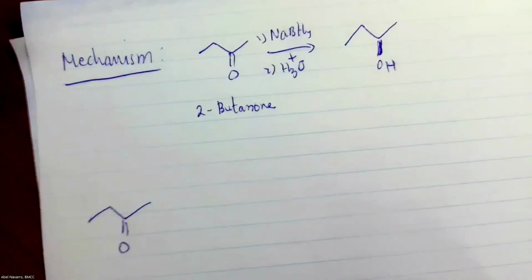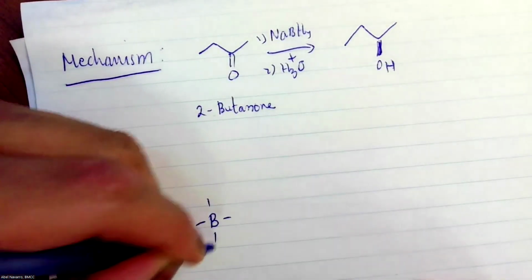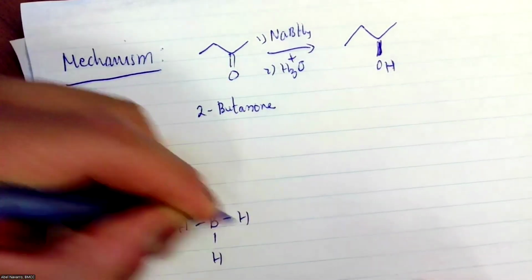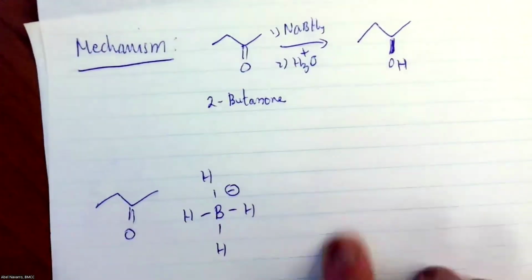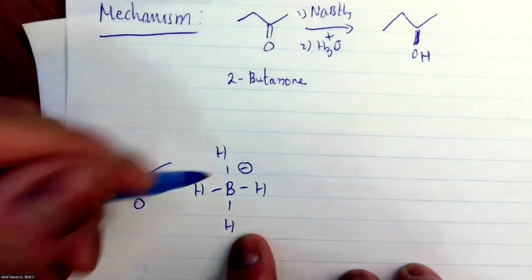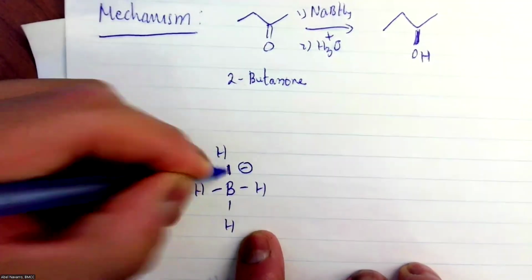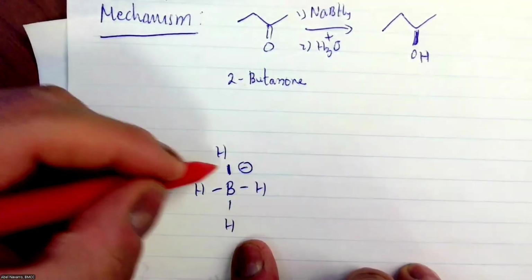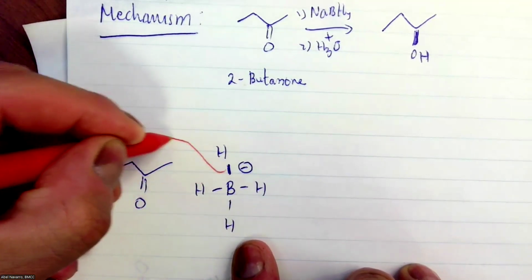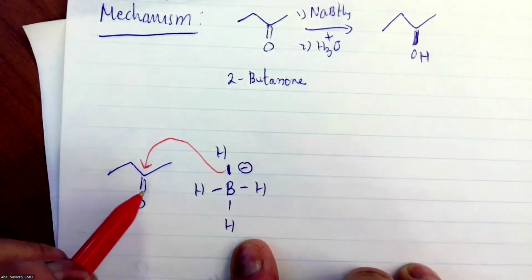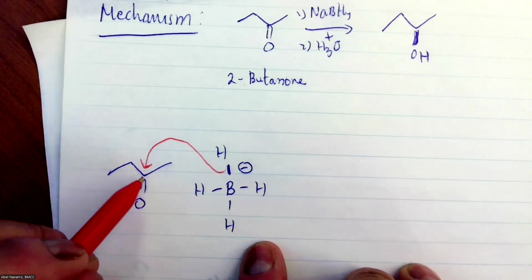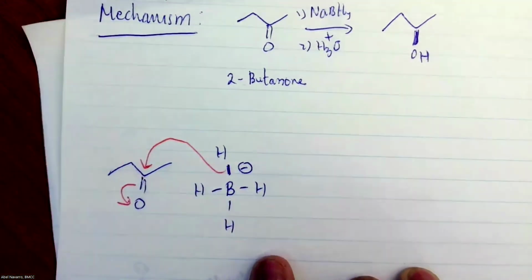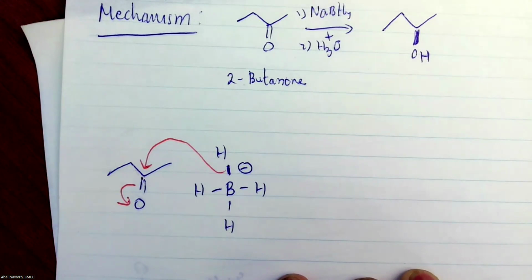Sodium borohydride, the Lewis structure of sodium borohydride is BH4 minus. Remember, the sodium is always a spectator ion. So the BH4 is the active species. The H will not migrate. It will attack the C double bond O. And since this carbon already has its octet, it will push the electrons towards the oxygen.